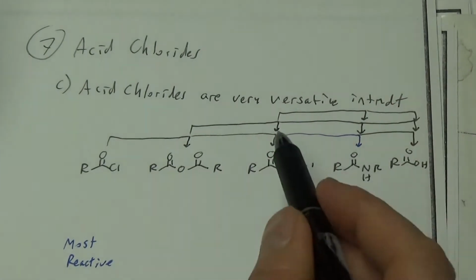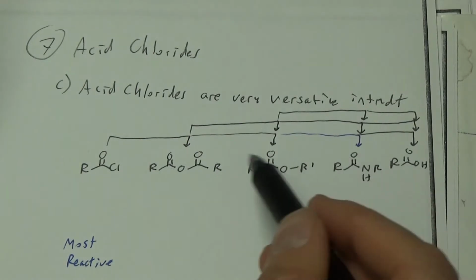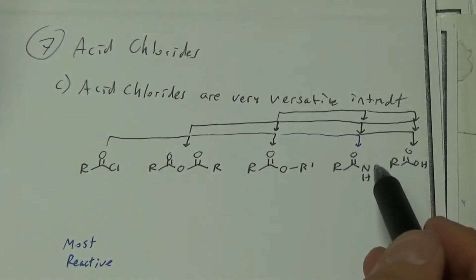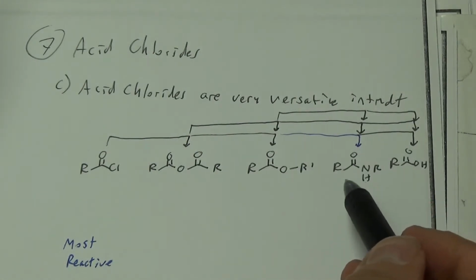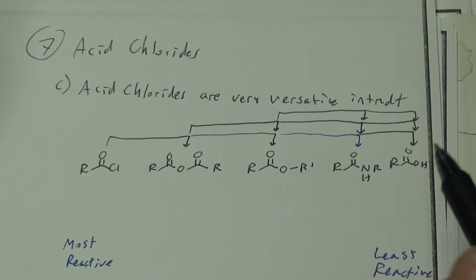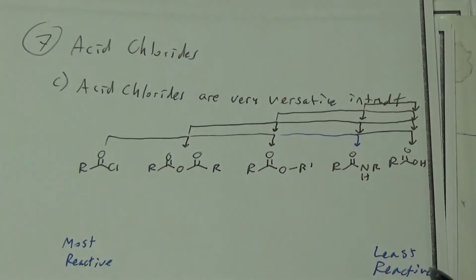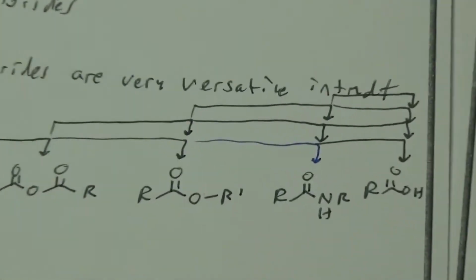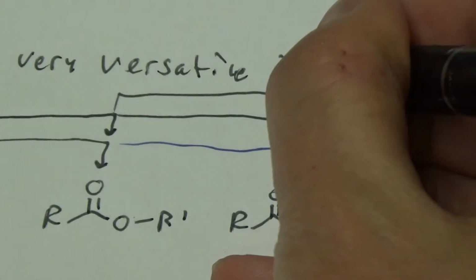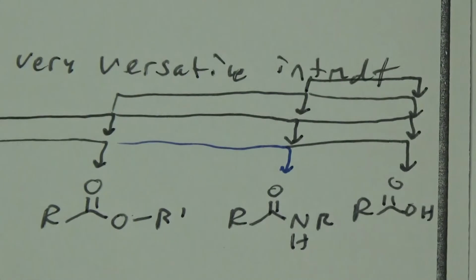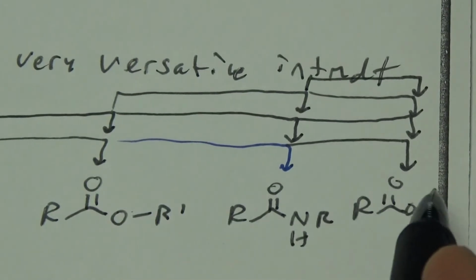So I was trying to leave some space so I could draw these little arrows. And I'm almost out of space, but let's say, what about an amide? What can it be converted to? Anything on its right. So an amide can easily be converted to a carboxylic acid. Okay, see what I did? I drew those little arrows and stuff to show that anything can be converted to anything on its right.